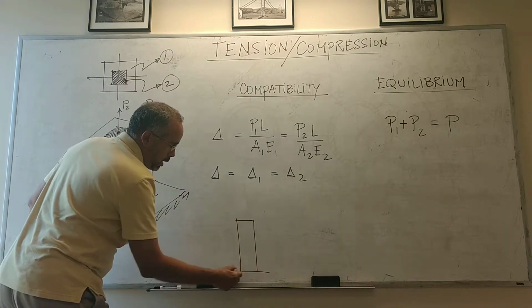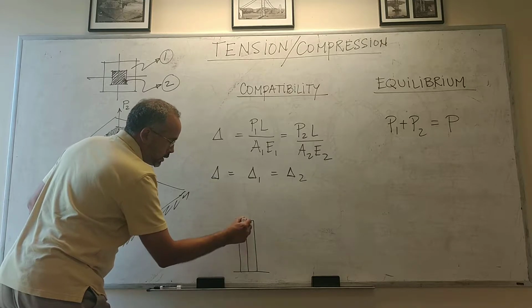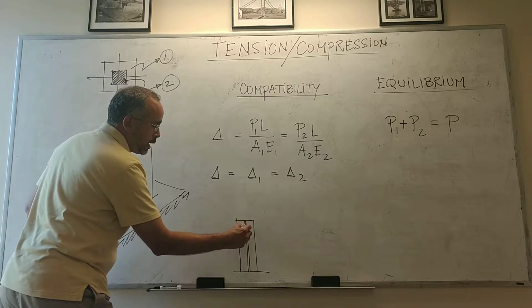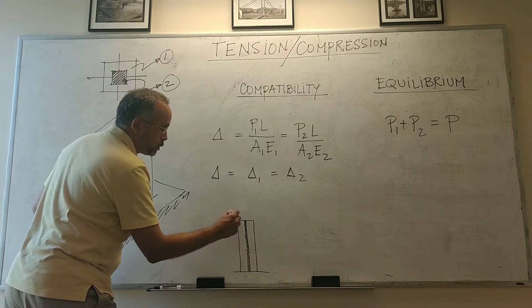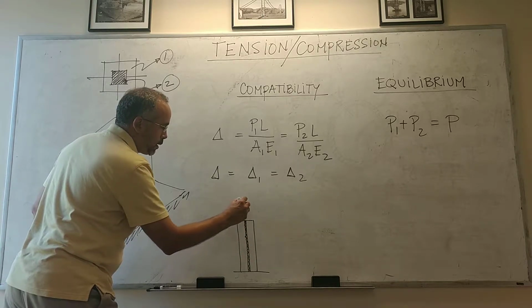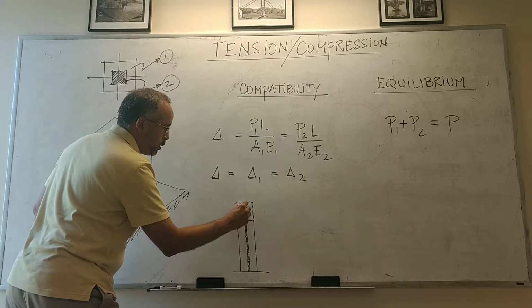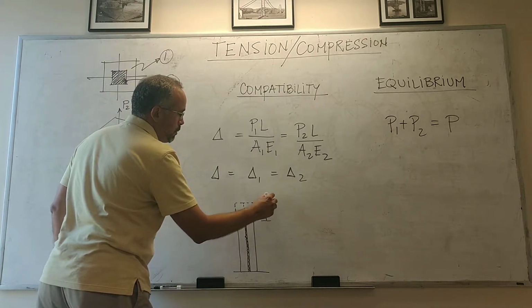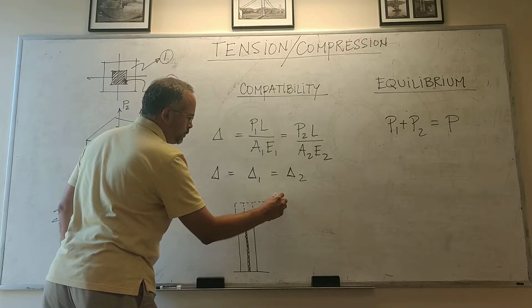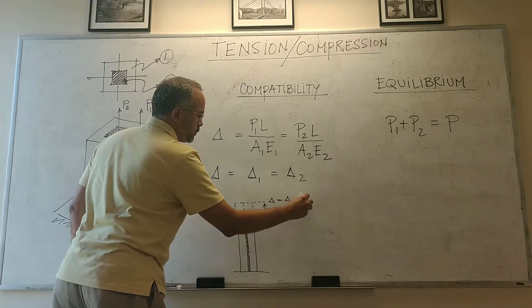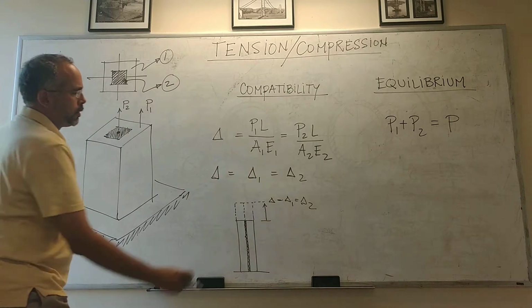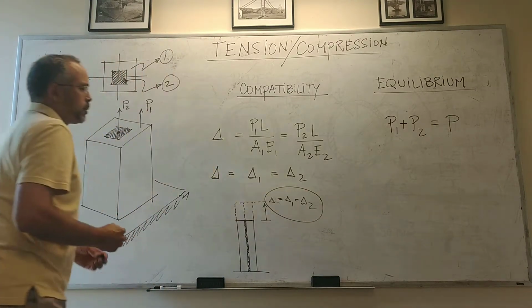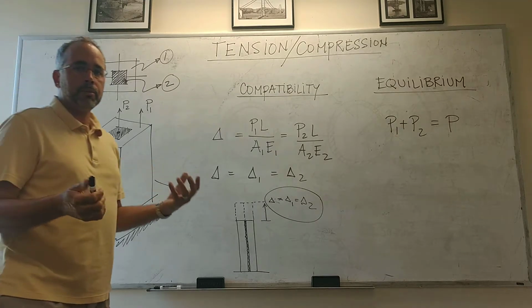So if this is the bar, seen sideways as a section, with material 1 and material 2, when this member deforms, they both deform the same amount. That's what compatibility means, right? Some kind of relationship between deformations.